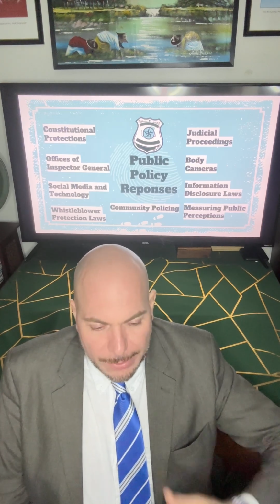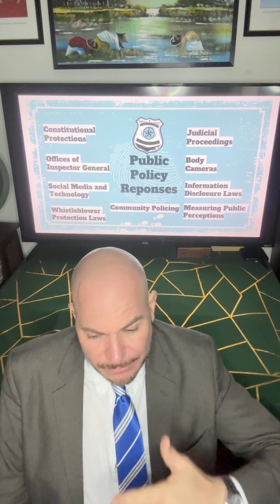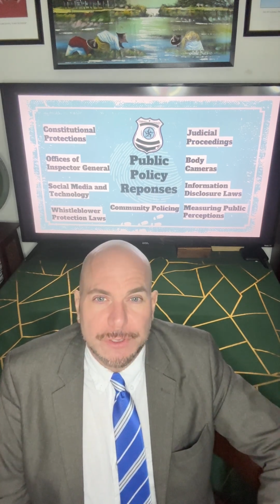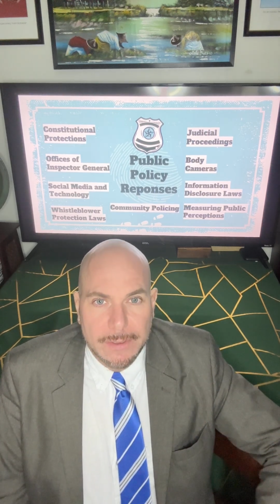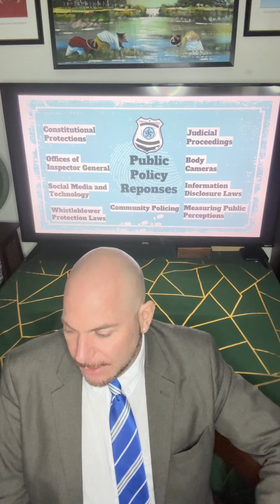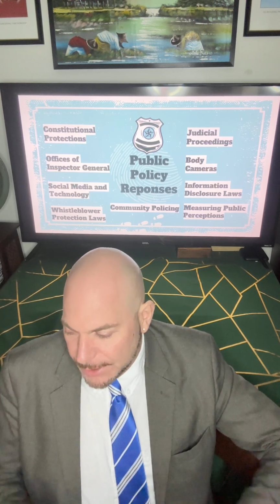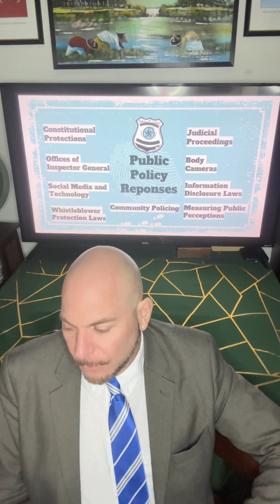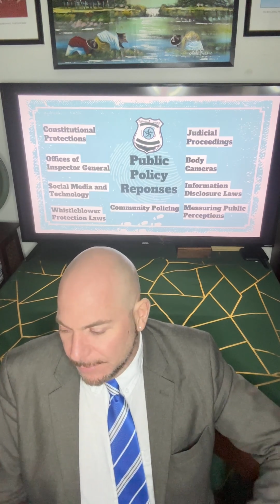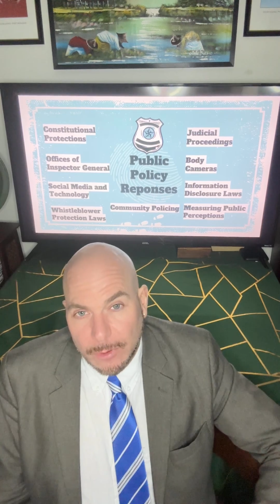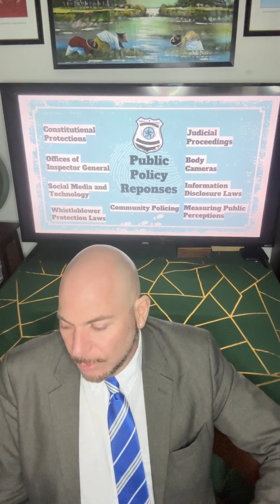For example, Michael Horowitz is the Inspector General of the Department of Justice. He's issued reports about FBI operations, FBI misconduct complaints. So you have independent organizations that offer oversight and make more information available about what exactly law enforcement are doing.